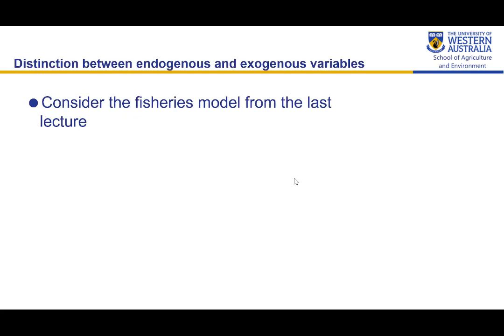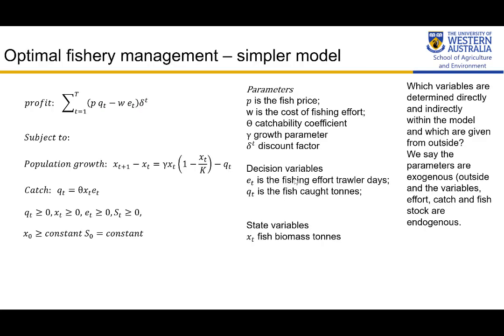We're going to make a lot of use of the fisheries model that we looked at in the last lecture, and we can use it to make the distinction between endogenous and exogenous variables. If we look at the fisheries model, we have an objective function, which is to maximize profit, subject to a difference equation constraint, the catch equation, and some non-negativity constraints.